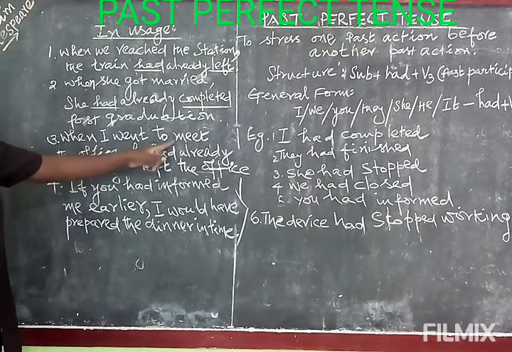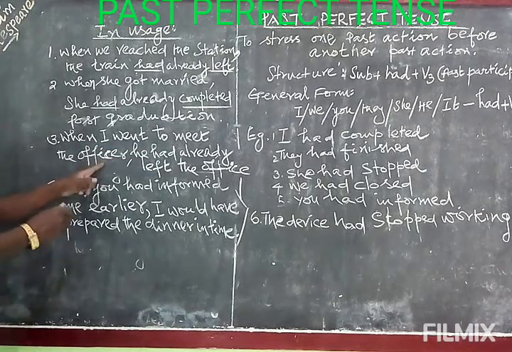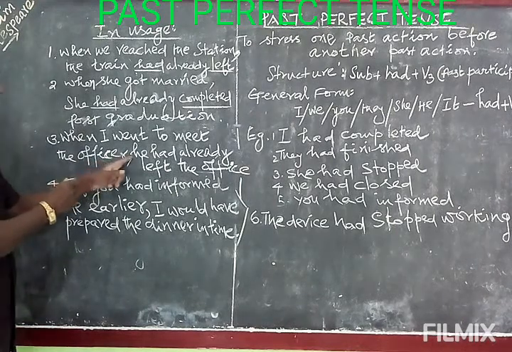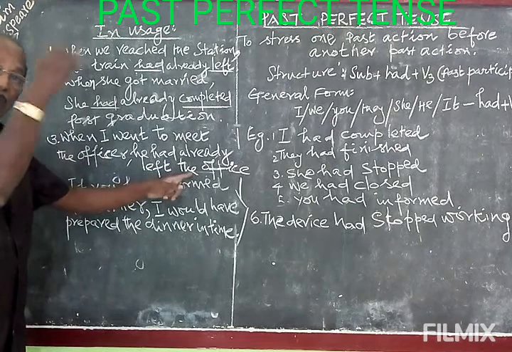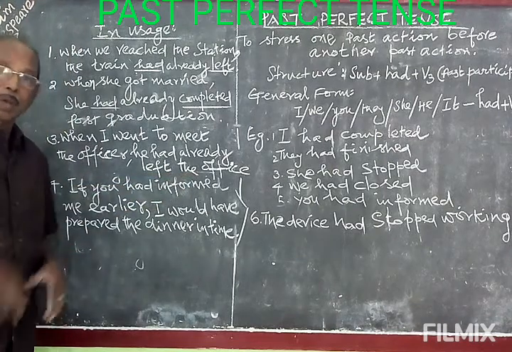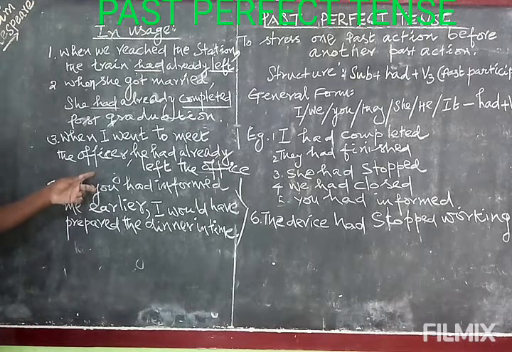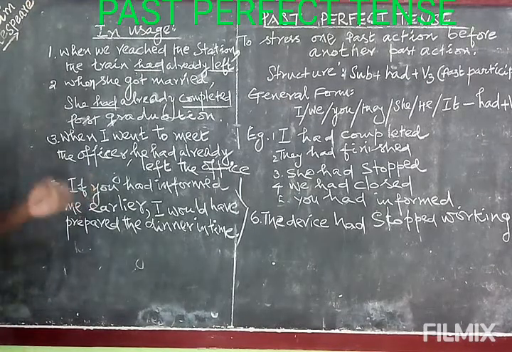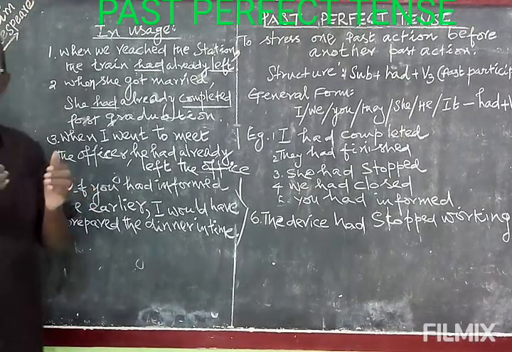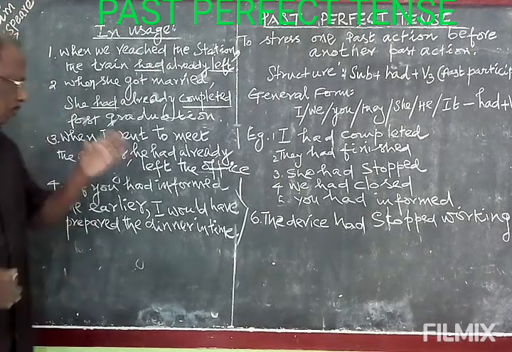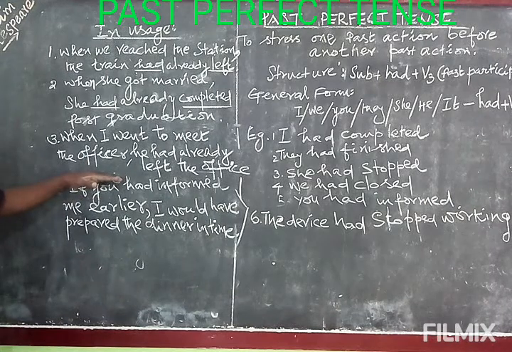Suppose I went to meet the officer by 9 o'clock. The officer had left the office by 8 o'clock. So when two actions happened in the past, to show which one happened first, we use this past perfect tense.